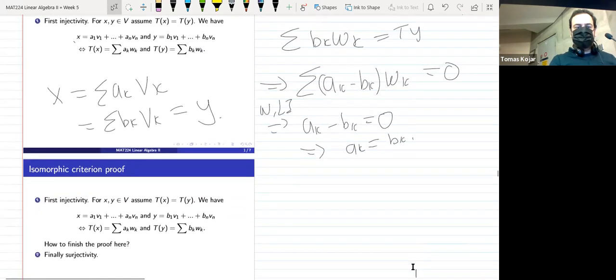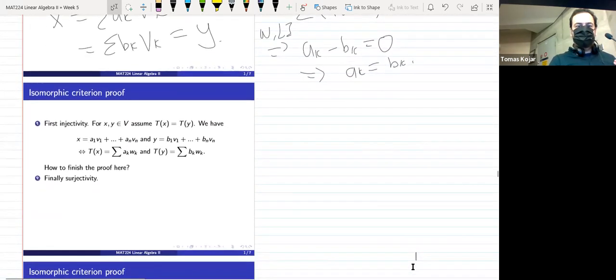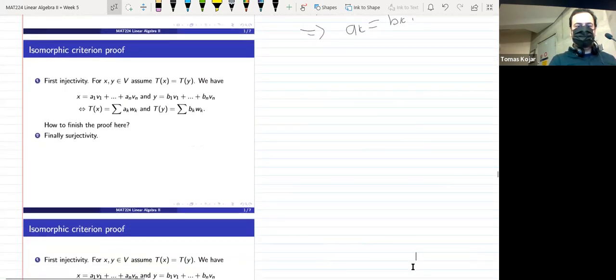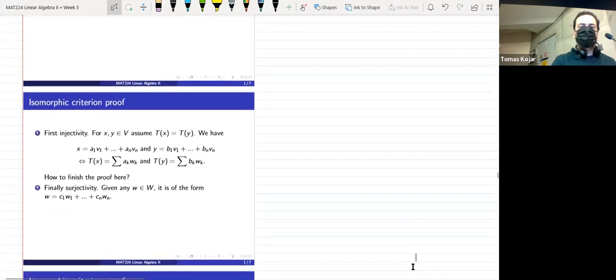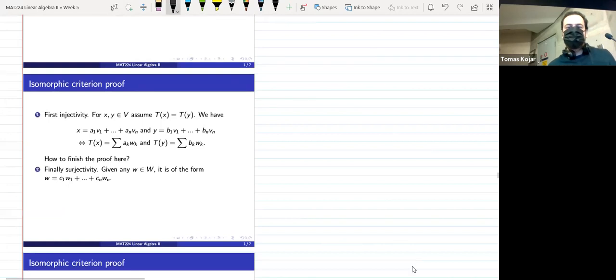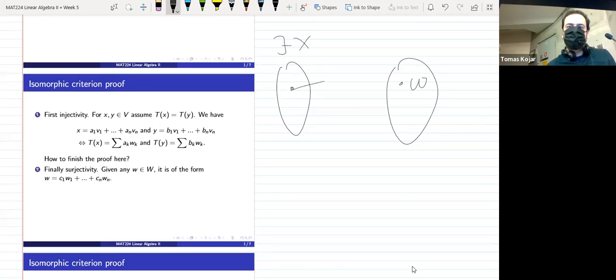So we showed injective. Now let's do surjective. Let's do it together. What do I have to show? I have to show that if you give me any w, I can find some x that gets mapped to w.